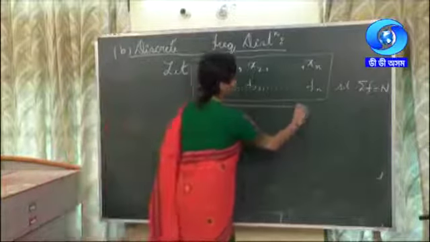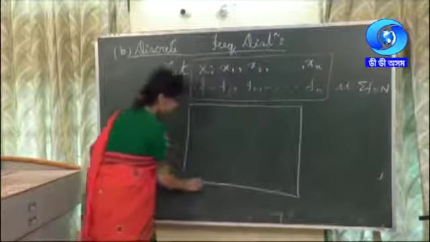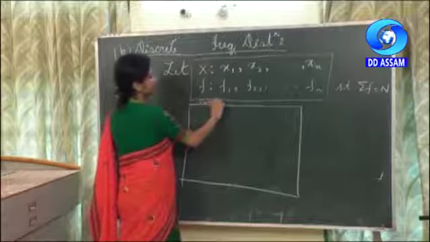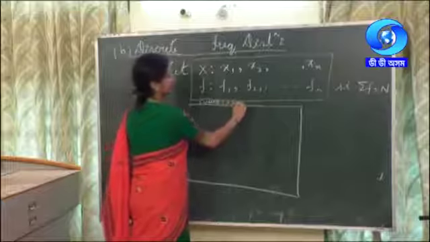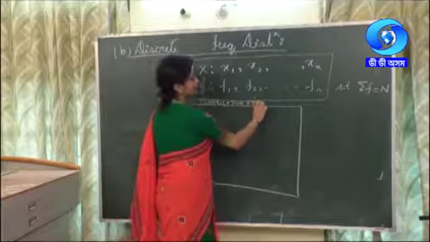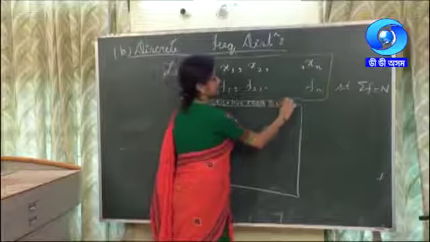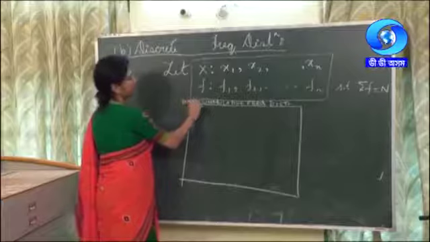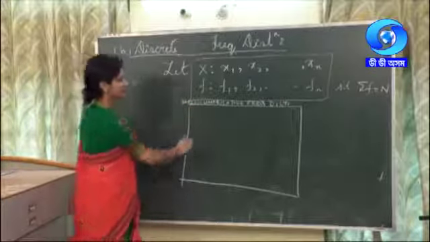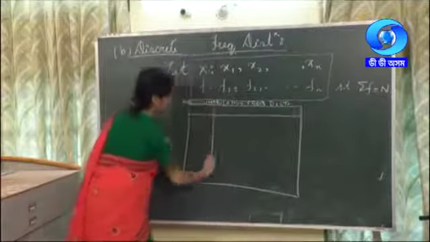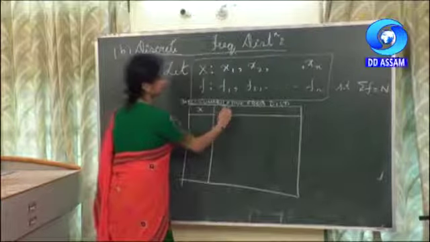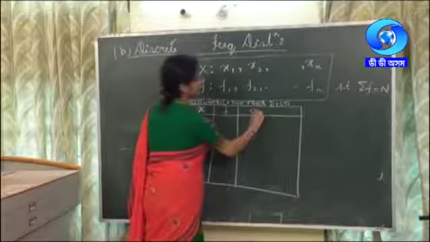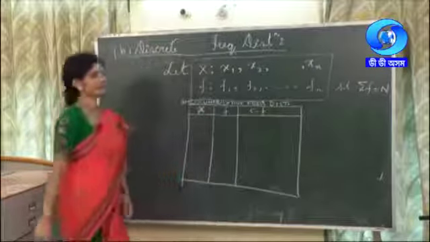Yes, so for finding the median we will construct a cumulative frequency distribution table. This is a table of cumulative frequency distribution where we will have 3 columns: x, f and cumulative frequency.